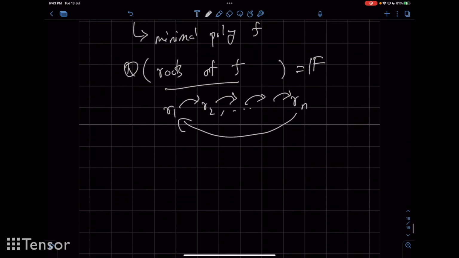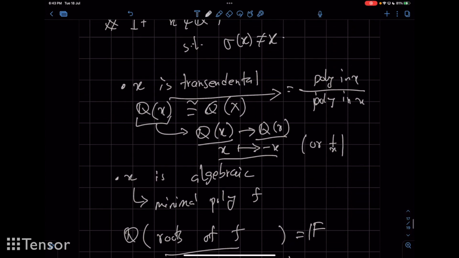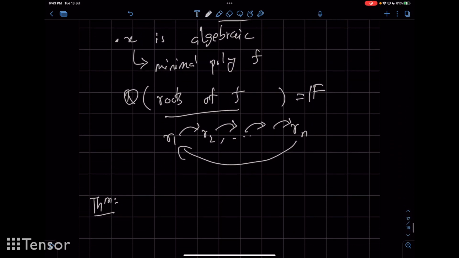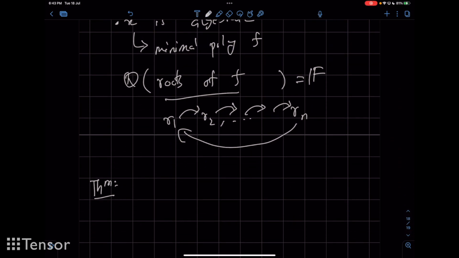So using this, we are going to show an interesting fact. And that fact is, as promised last time, that if a_n is a rational number for all n, then a_0 is also rational.